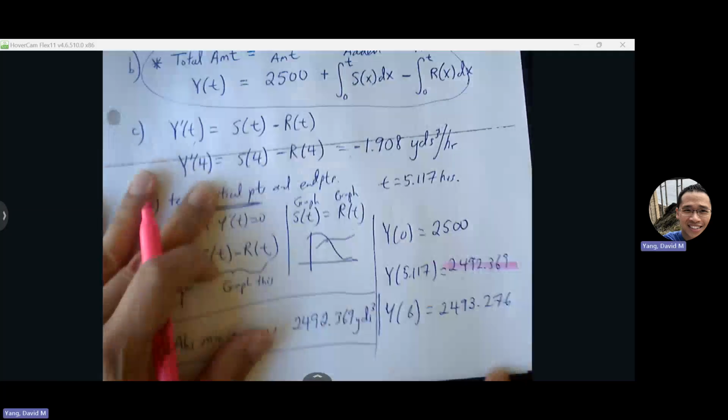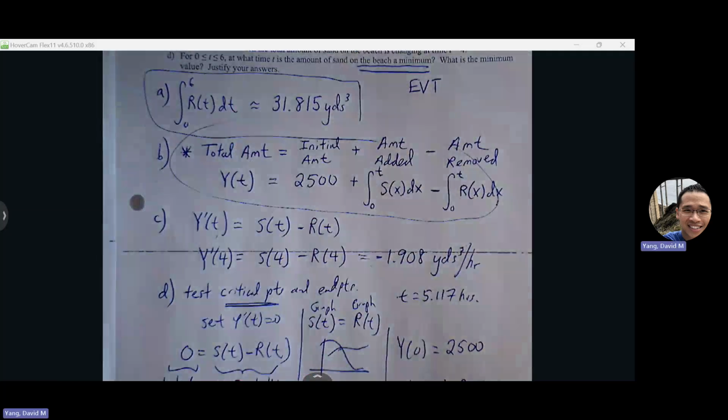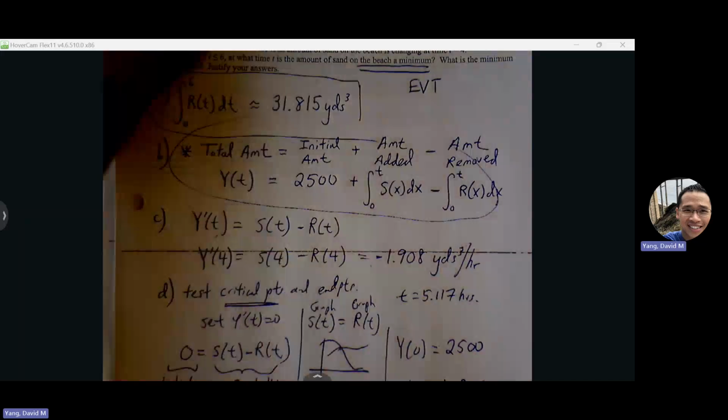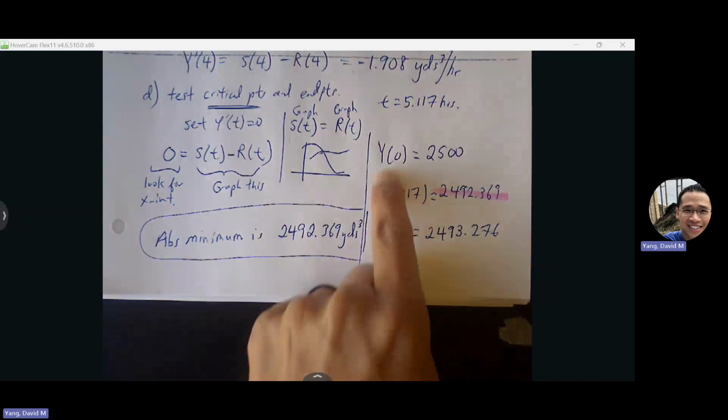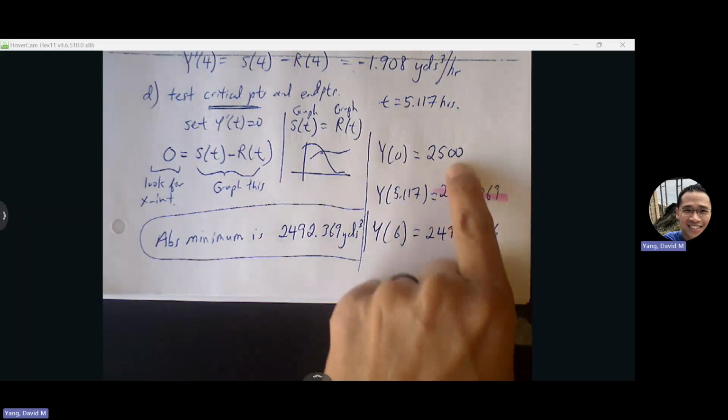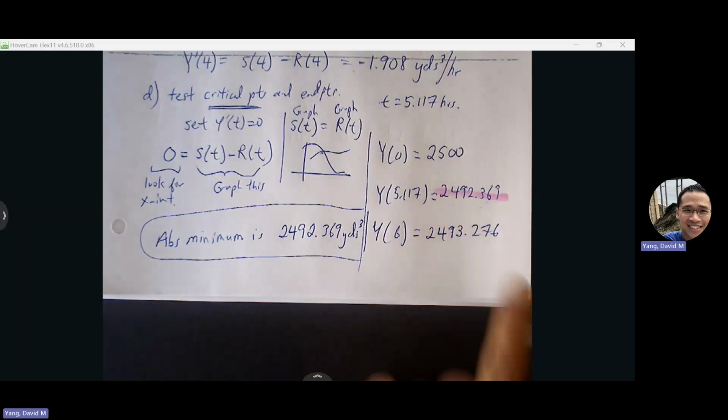And it says justify your answer. With extreme value theorem, the way you justify is you just show that you are testing the appropriate candidates, and then you're making your decision based off of those candidates.